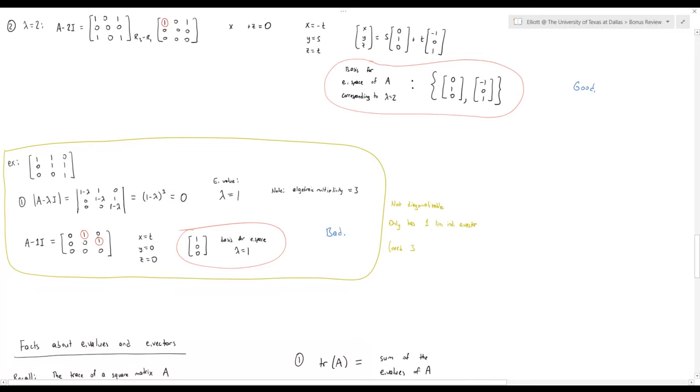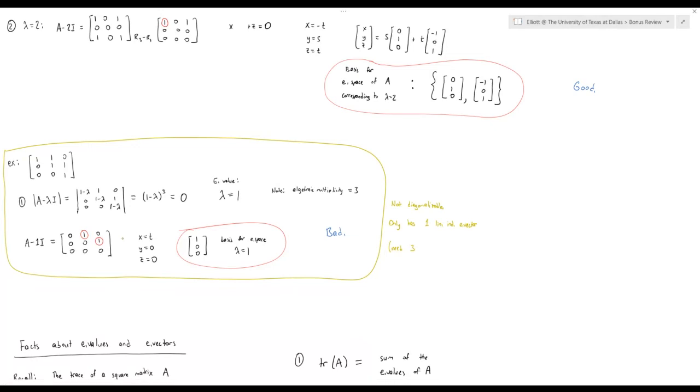The first column was missing a pivot, so I made x the free variable because of that. If you take each of these rows and convert them into an equation for the null space, this first row is 0x plus 1y plus 0z equals 0. That's how I got these two from these two rows and setting them equal to 0 for the null space.